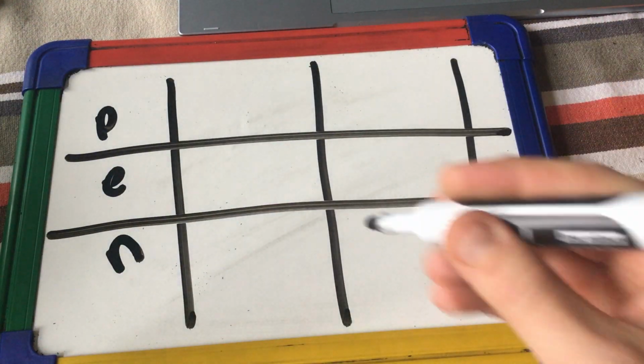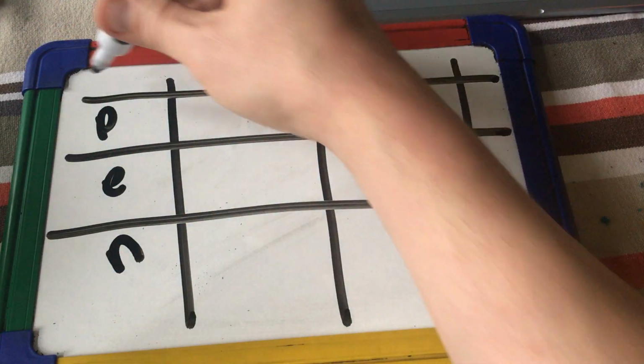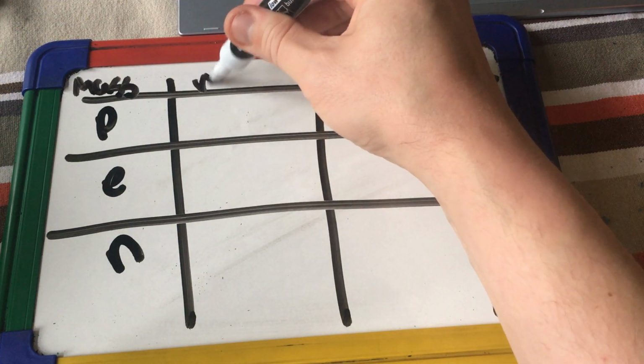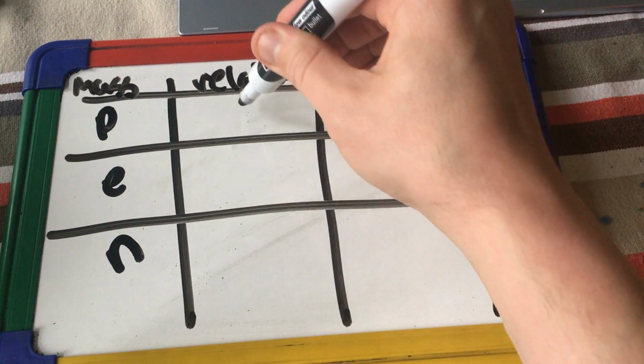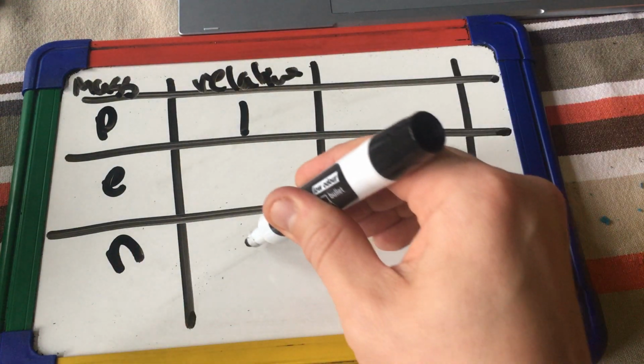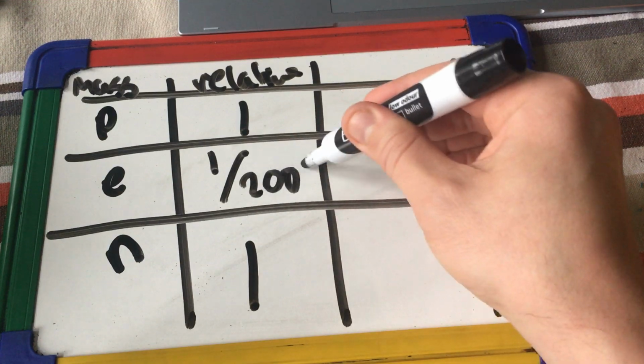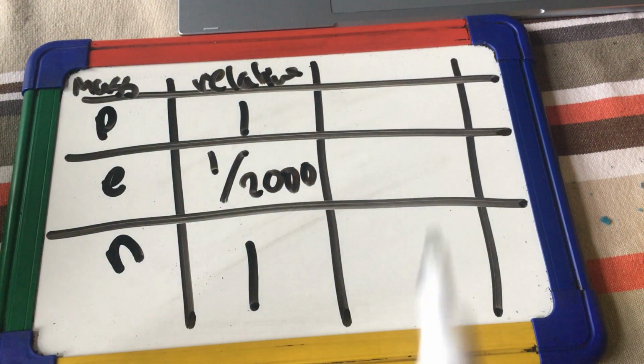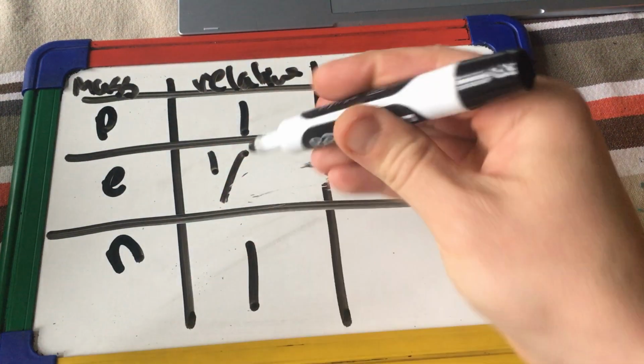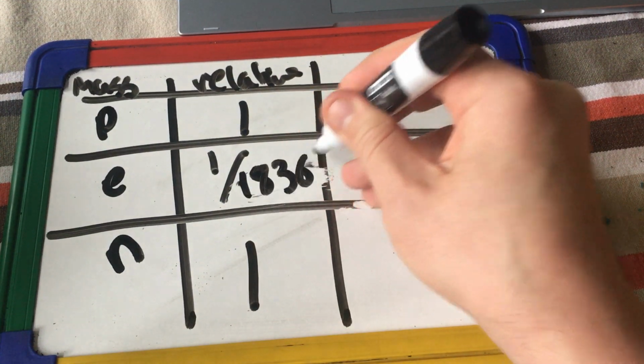You might remember this. Let's talk about the mass. Relatively, if a proton has a mass of 1, the neutron had a mass of 1, and the electron had a mass, well, we used to say 1 over 2,000, but now we've moved up a gear, we're going to say 1,836.